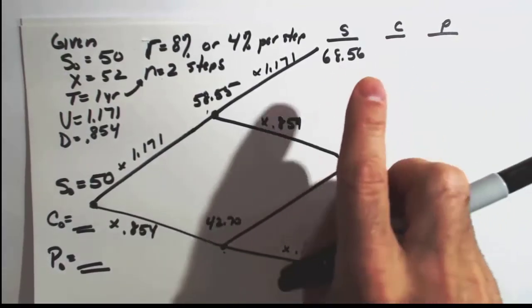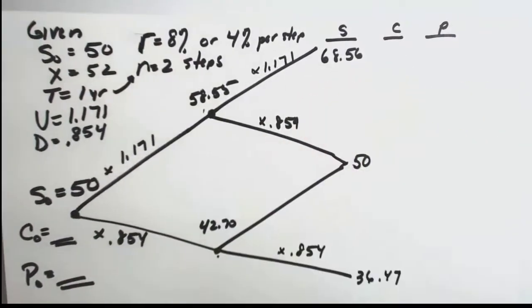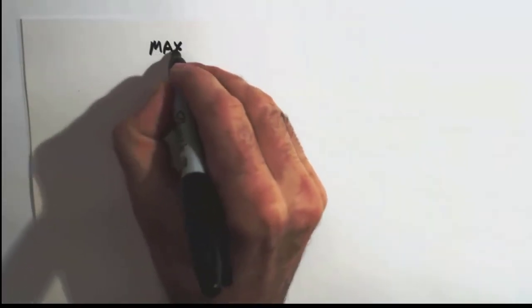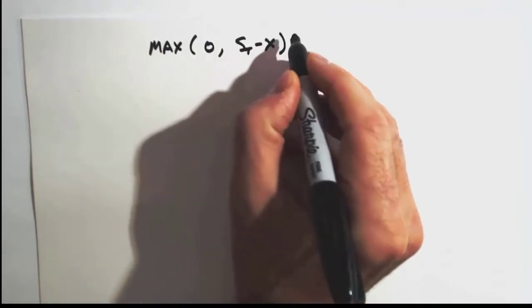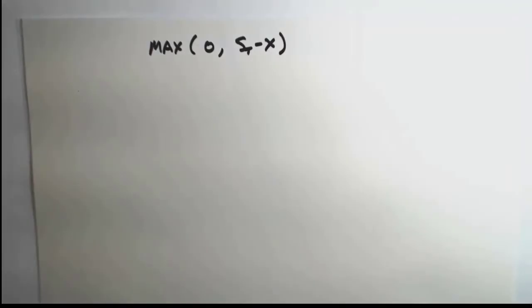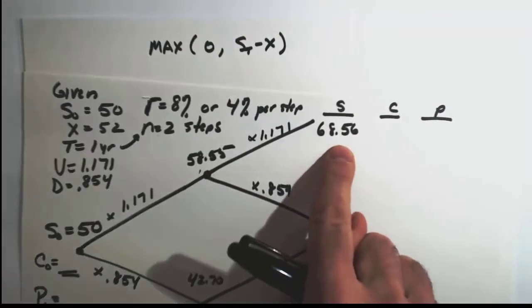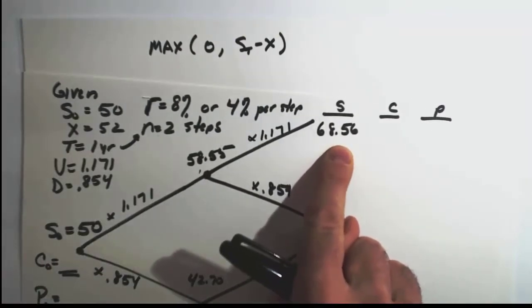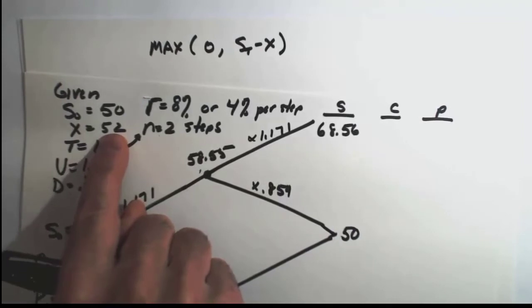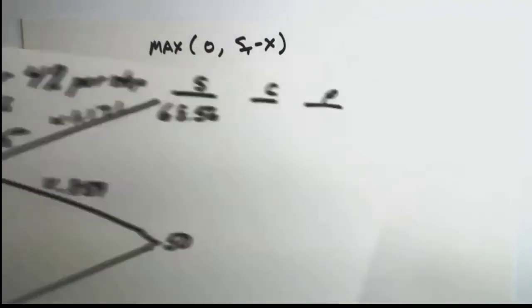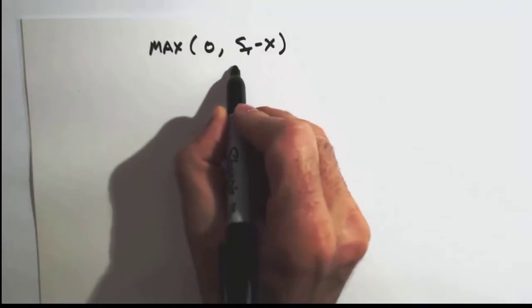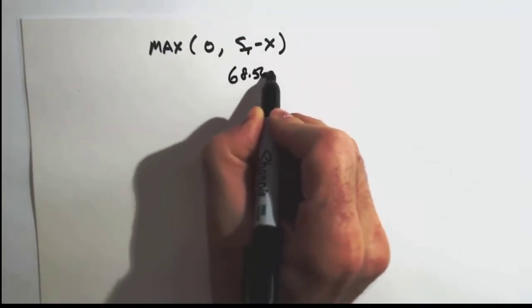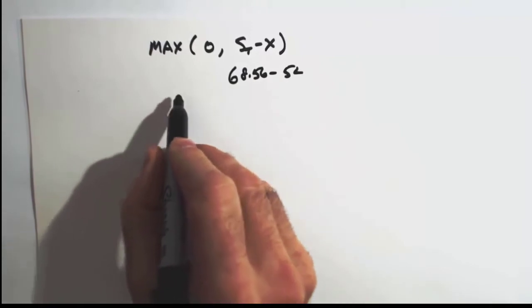So the call value at expiration is the maximum of 0 or the stock price minus X. And in this case, the option is certainly in the money because the stock is at 68 and change when the strike is at 52. So that means this is 68.56 minus 52.